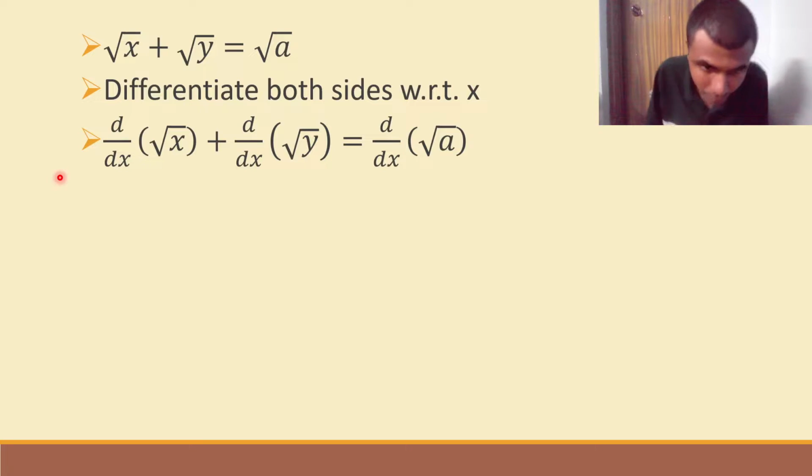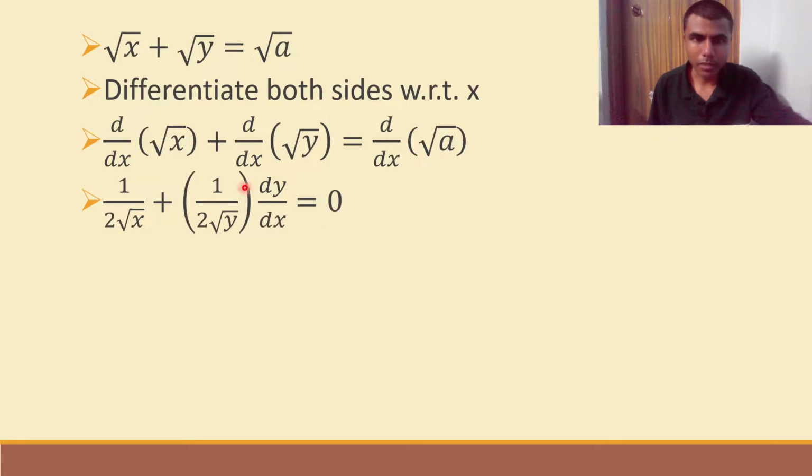Now the derivative of root y is 1 by 2 root y, but here we are differentiating with respect to x while the variable is y. So I'm going to get 1 by 2 root y into dy by dx as per chain rule. And the derivative of root a, since it is a constant, is 0.